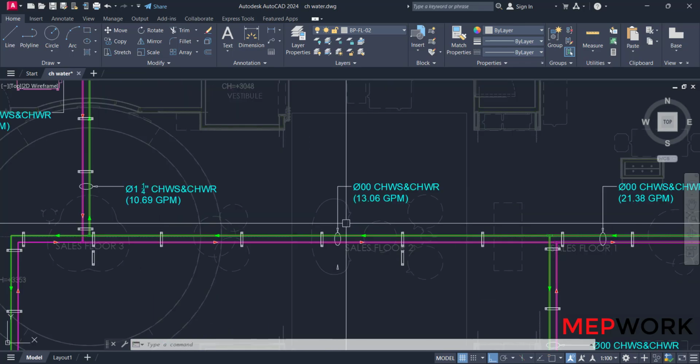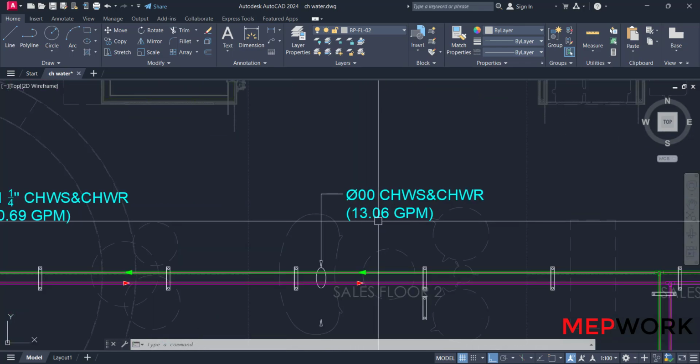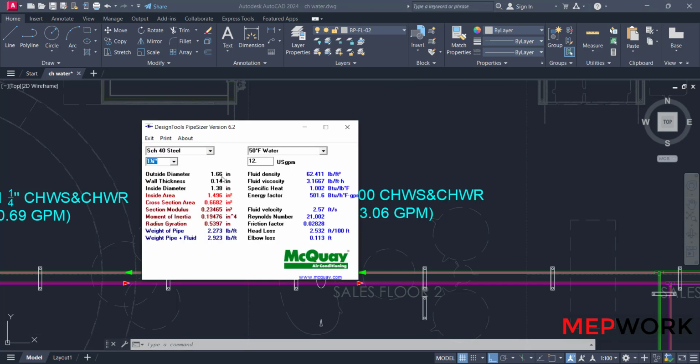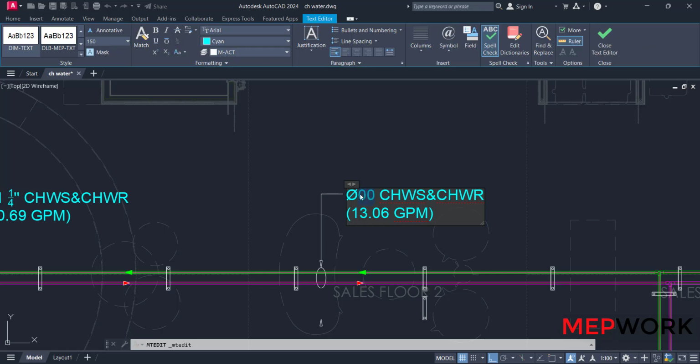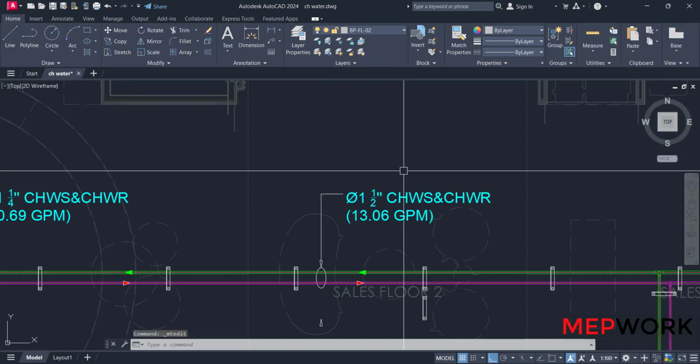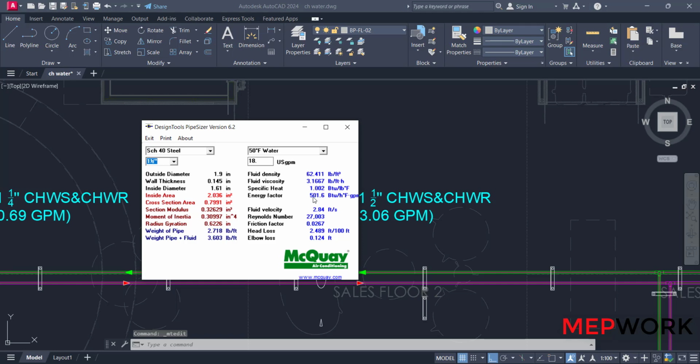Go to this section. 13.06 GPM. Go to Pipe Sizer. Take the upper size. It can carry 18 GPM. 1½ inch can carry 18 GPM, so this is enough. But look at the velocity. 2.84 feet per second.